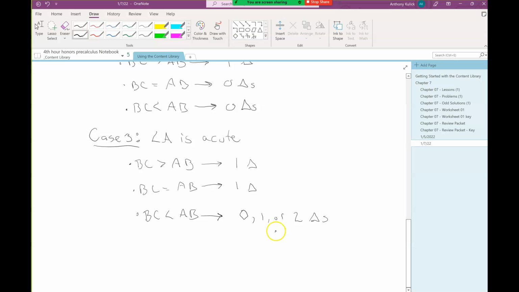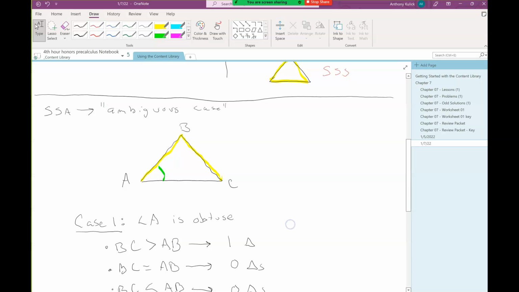So the natural question here would be, how do I tell whether I have 0, 1, or 2? If I can't do it just by looking at the given information, what do I need to do? There has to be some way to tell. This is the trick. So if we go back to our given here and we construct a law of sines, we could say sine of A over BC should equal sine of C over AB.